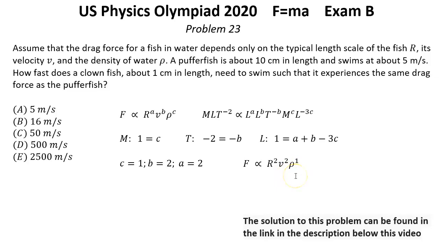The water density is the same for both fish, and if we decrease length 10 times, we have to increase speed 10 times, and the final solution is 50 meters per second, which is answer C, and that was the solution for problem number 23.